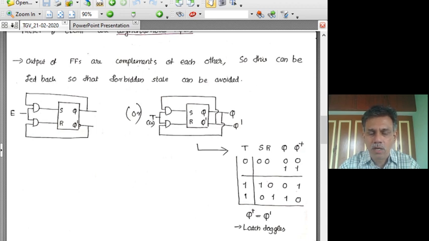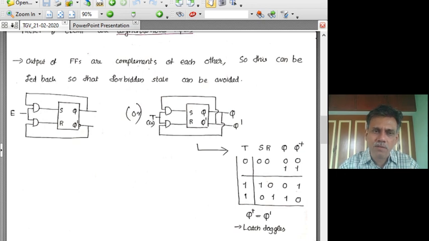This is what is shown in this truth table. When T equals 0, irrespective of the previous value of Q, S equals 0 and R equals 0. So Q plus will be the same as Q. If Q was originally 0, Q plus will be 0. If Q was 1, Q plus will be 1. This happens when T is 0.